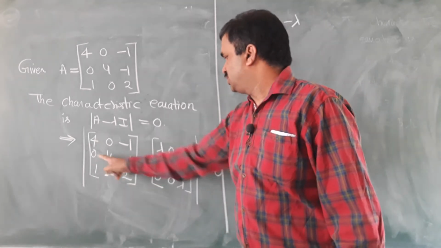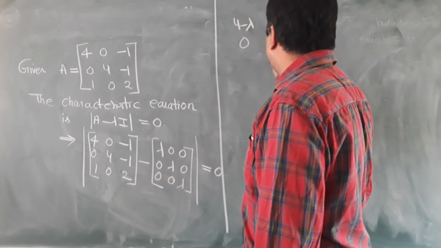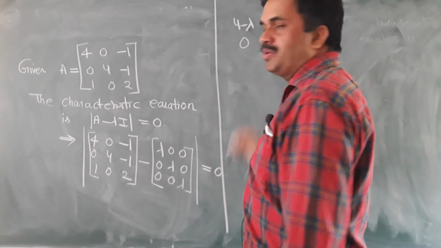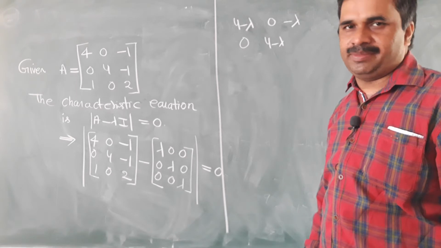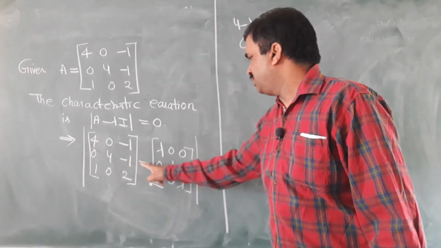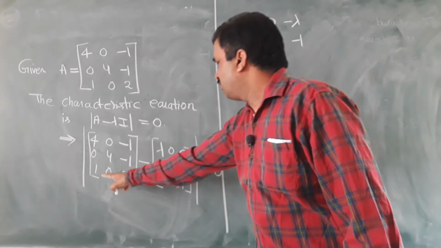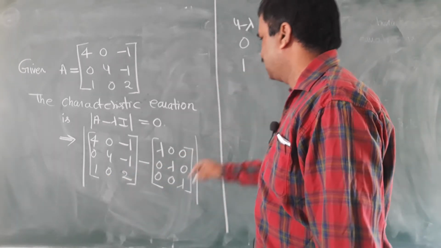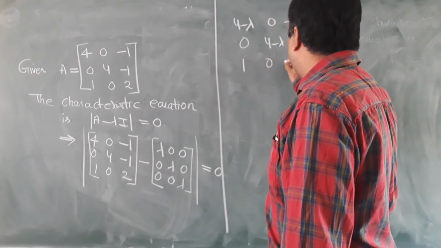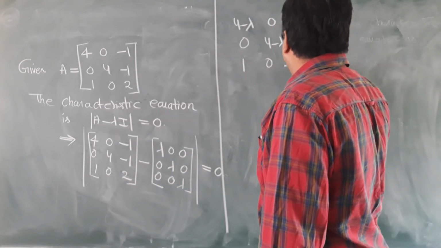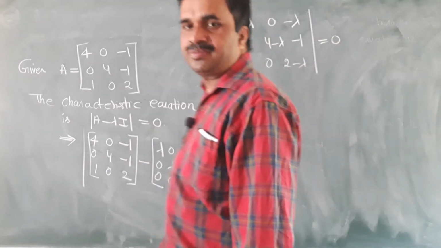Second row: 0, 4 minus lambda, minus 1. Third row: 1, 0, and 2 minus lambda. Determinant equal to 0.